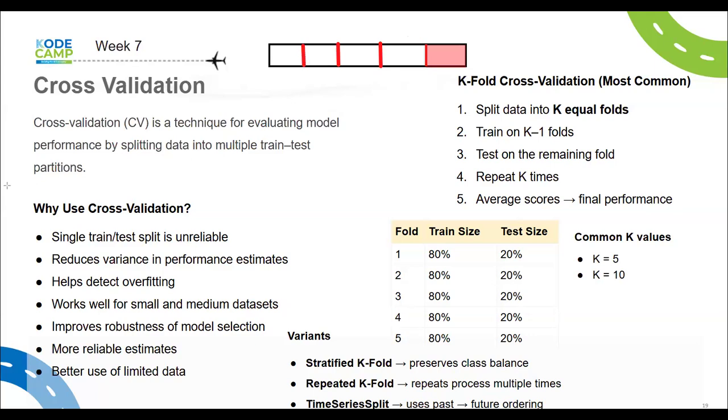So the first time you train the model, you use the first one for your test and the rest for training. By the way, it's 5 equal sections. I didn't draw it very well here to indicate that equality, but it is.